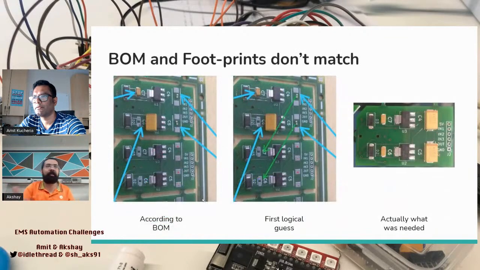Moving on to another way to trouble him: I am giving you a BOM and parts. After looking at the BOM and the parts, we find that, according to the customer, 4 parts which are supposed to be there do not match. We think, okay, he might have made a tiny mistake, so let's see what logically fits.